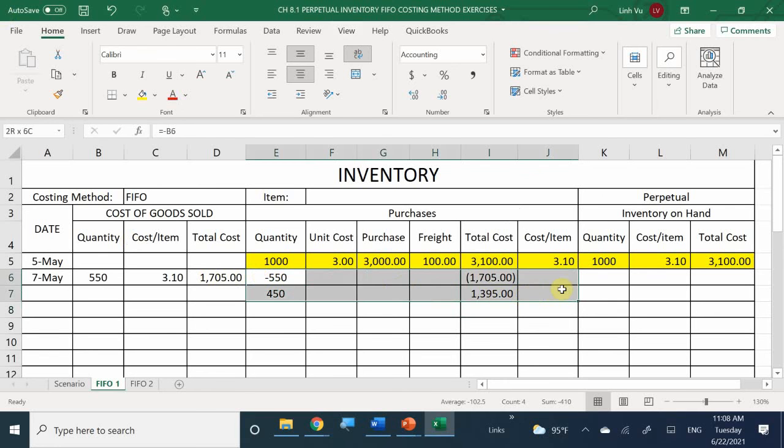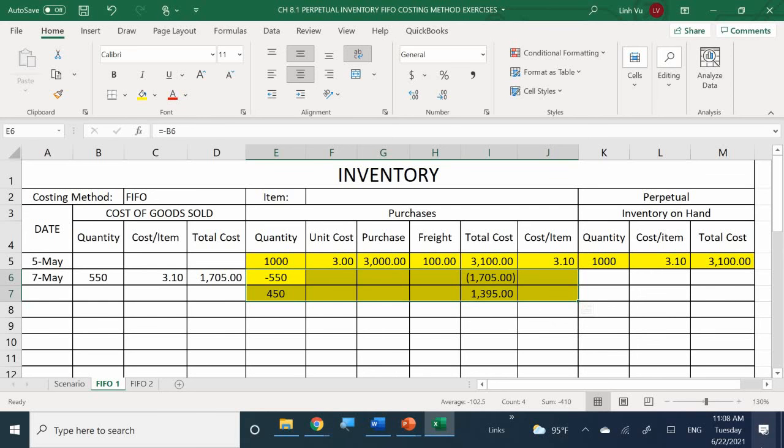And because this is all associated with my yellow batch, I'm also going to color them yellow, because this is all dealing with my first batch. That's my calculation in the middle, to show me that I'm updating my inventory.